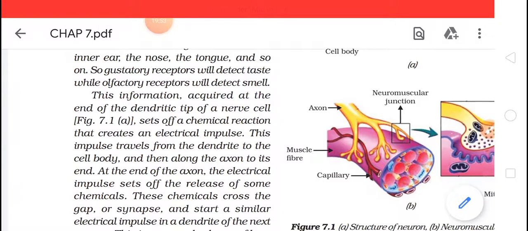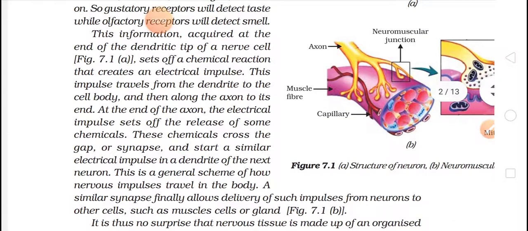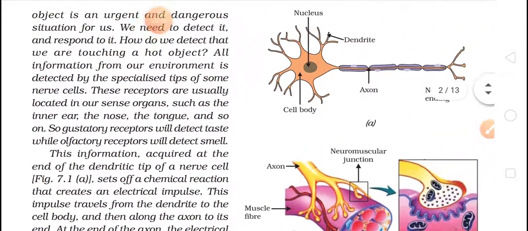At the end of the axon, the electric impulse sets off the release of some chemicals. These chemicals cross the gap, or synapse, and start a similar electric impulse in the dendrite of the next neuron. They have explained many things, we'll go there afterwards.